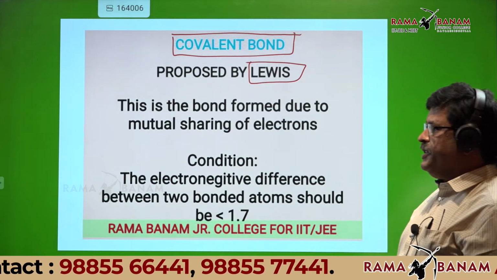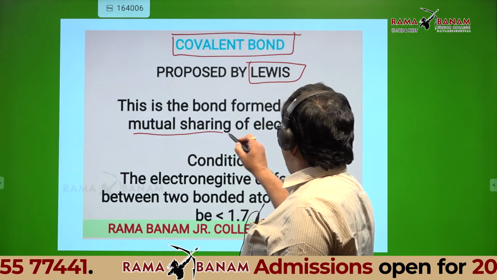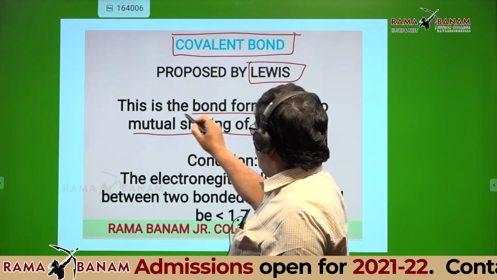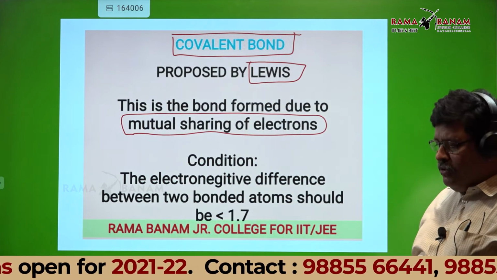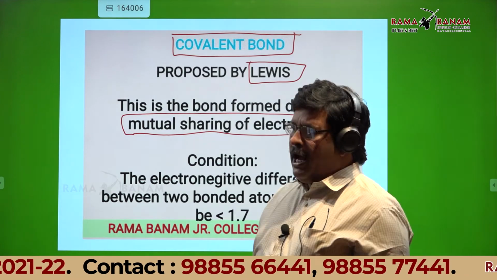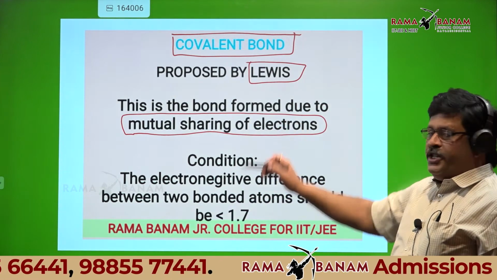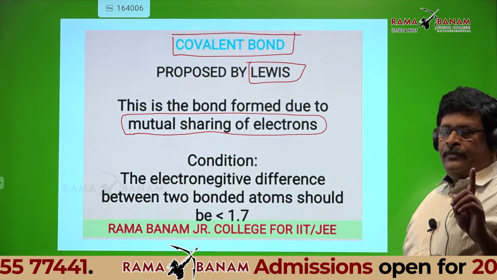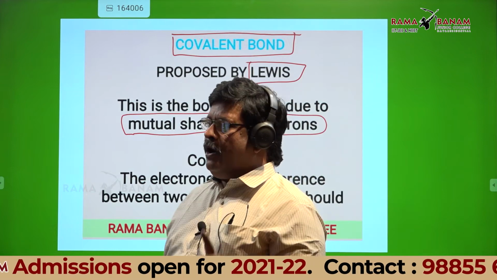Students, look at this slide. The bond formed due to mutual sharing of electrons is called a covalent bond. So what is meant by mutual sharing? What are the types, we'll discuss slowly, nothing to worry. See the definition one more time: a covalent bond is formed due to mutual sharing of electrons.